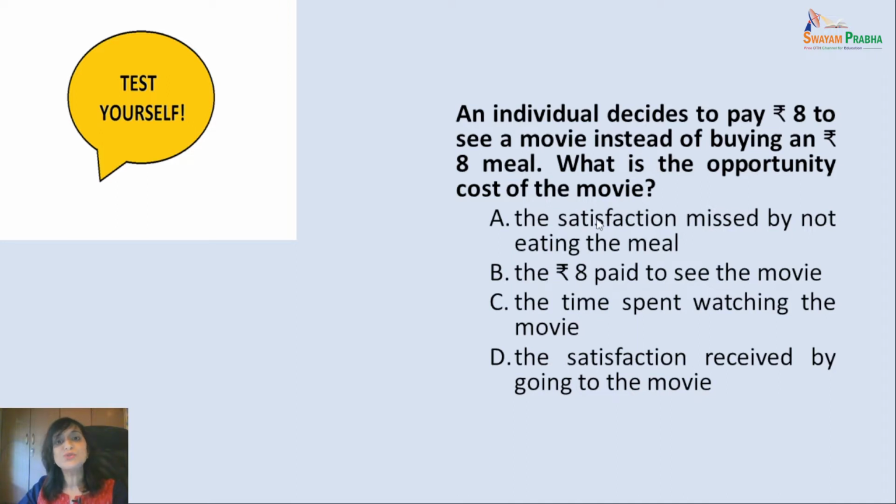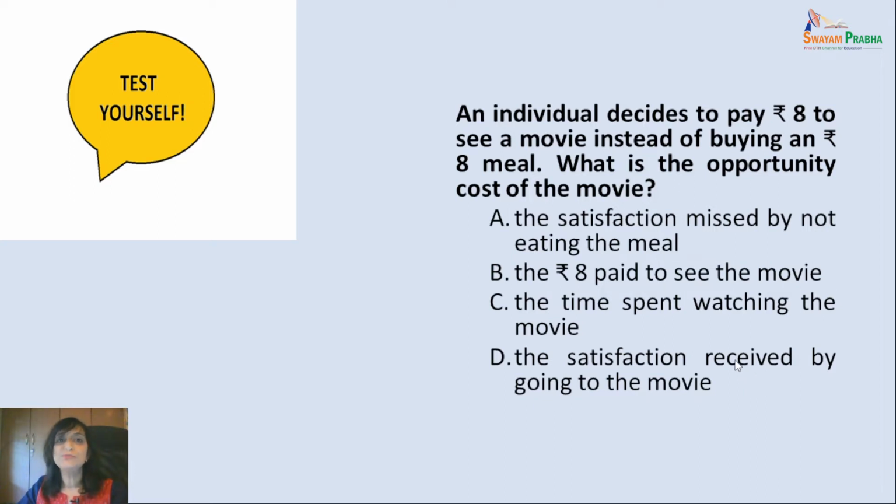So my question to you, learners, is: what is the opportunity cost of the movie? Is it A, the satisfaction missed by not eating the meal? B, 8 rupees which he has paid to see this movie? C, the time which he is spending watching the movie? Or D, the satisfaction which he would have received by going to the movie?